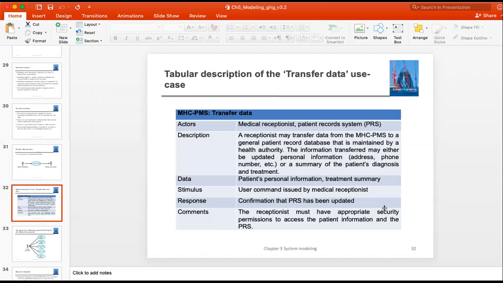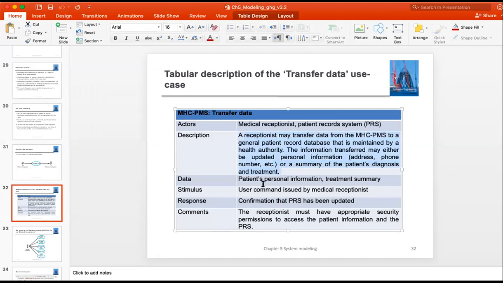Yeah. So do you see this table? This is a tabular description of a transfer data use case for the mental health care system. You state who the actors are who are going to be using this use case, and there's the textual description, and what data is going to be exchanged, as input or output.